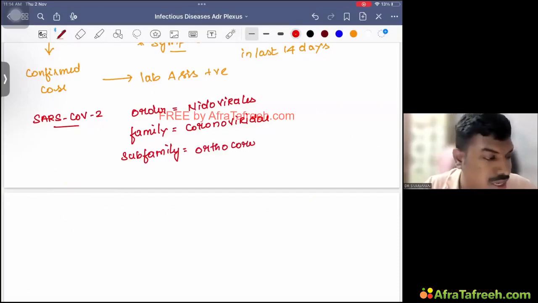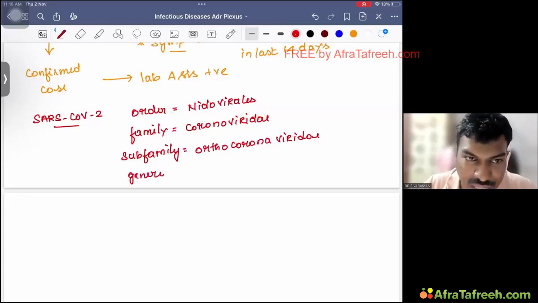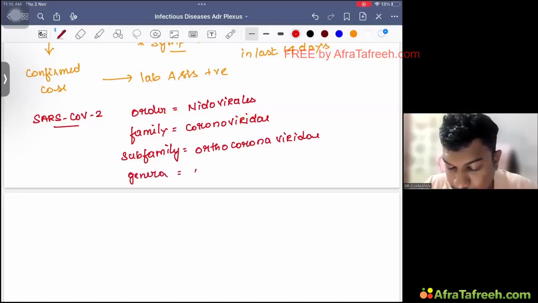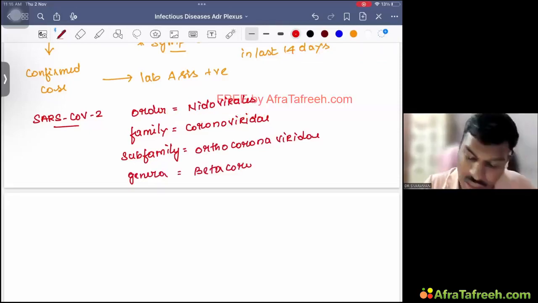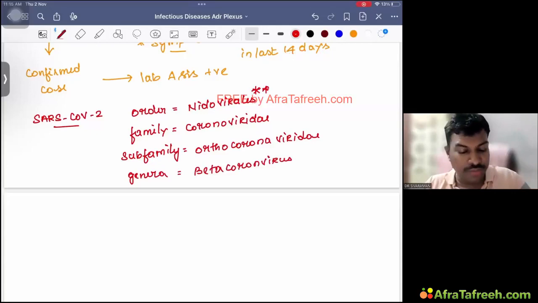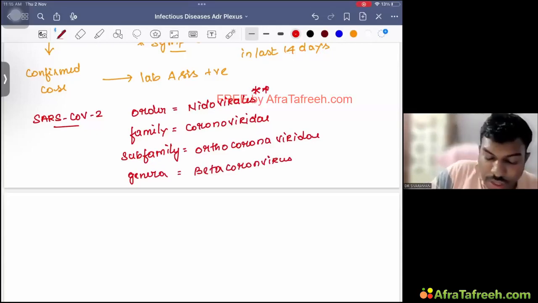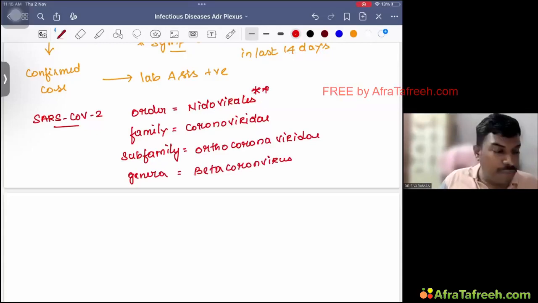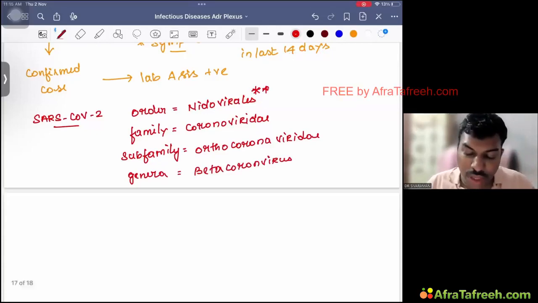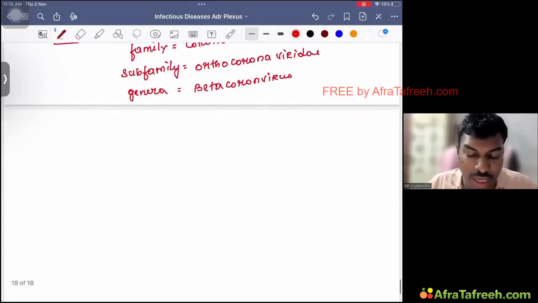The genus is Betacoronavirus. In microbiology, Nidovirales was asked. So it belongs to order Nidovirales, family Coronaviridae, subfamily Orthocoronaviridae, and genus Betacoronavirus.